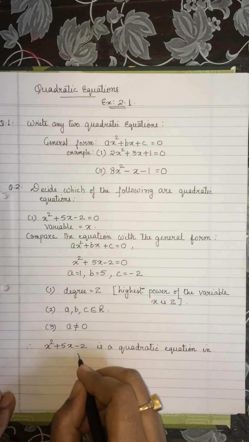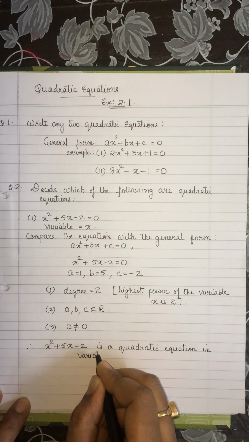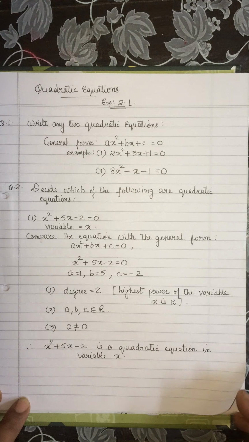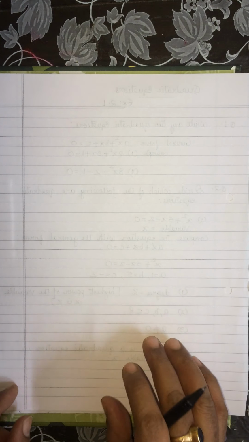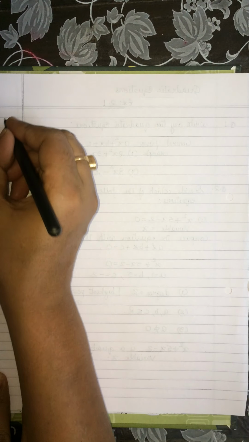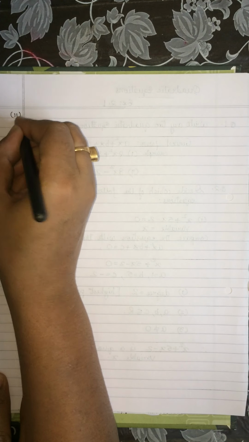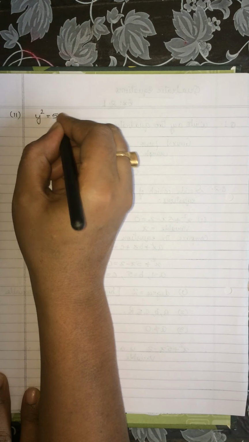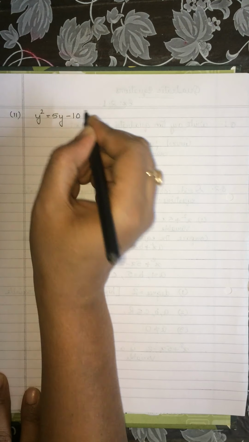in variable x. Fine children. Let us see one more question of question number 2. Second one, y square is equal to 5y minus 10.